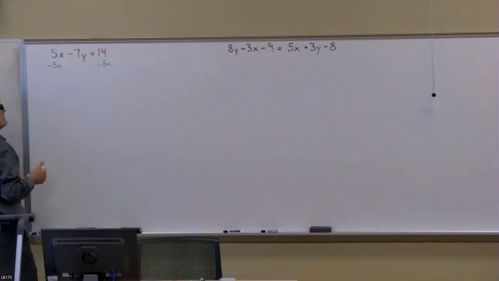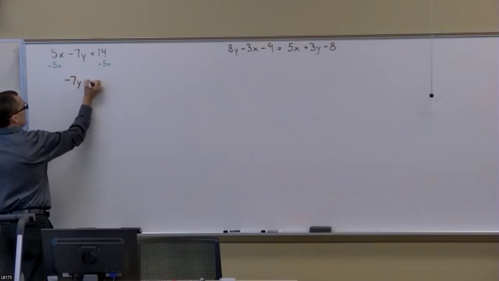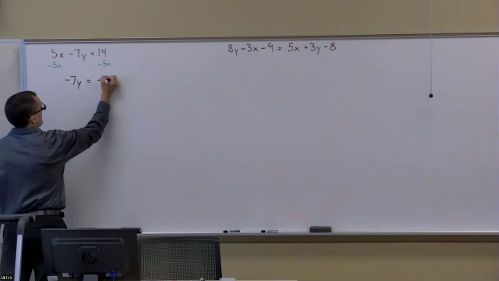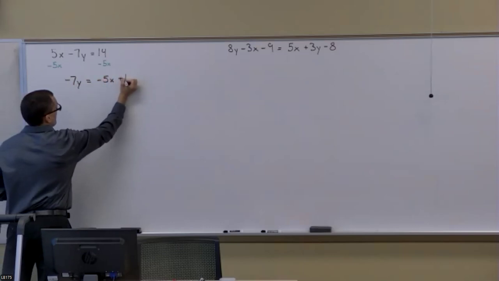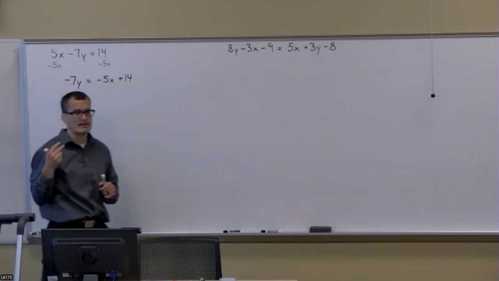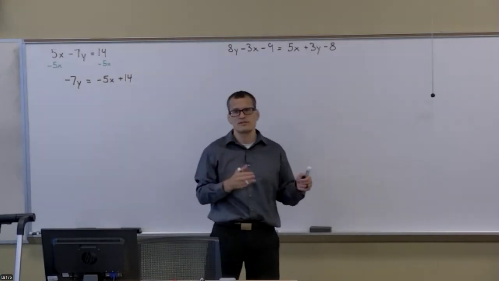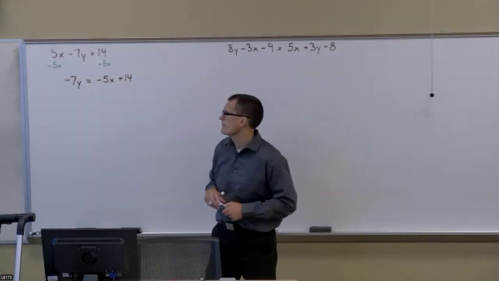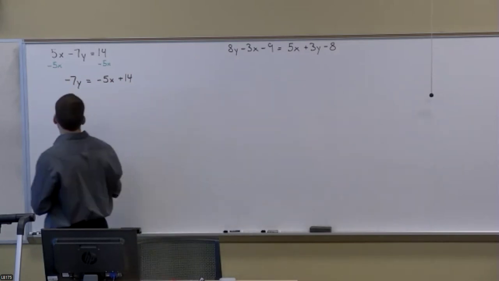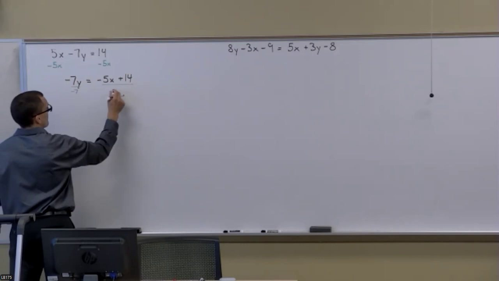That'll leave me with negative 7y on the left. And then on the right, I'll write negative 5x plus 14. I'm writing it in that order because we're more used to saying it as mx plus b. So I write the x first and the constant second. And then I would divide both sides by negative 7.